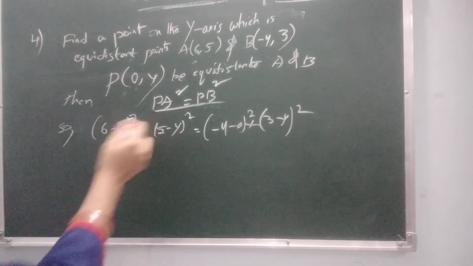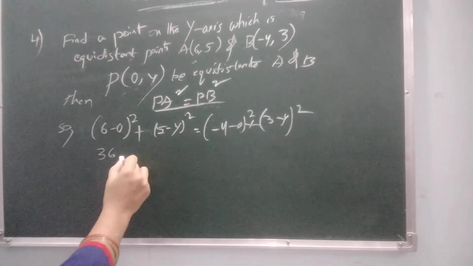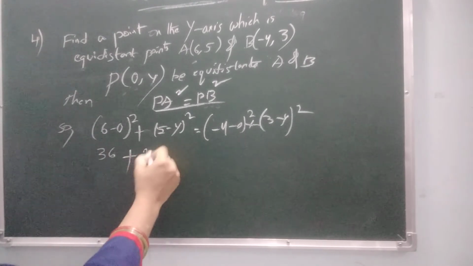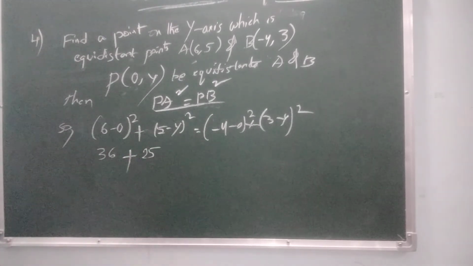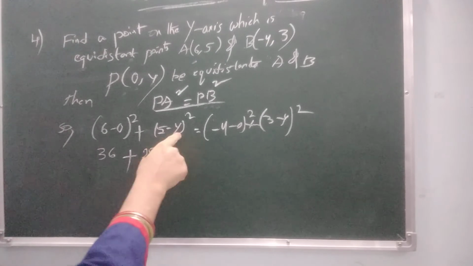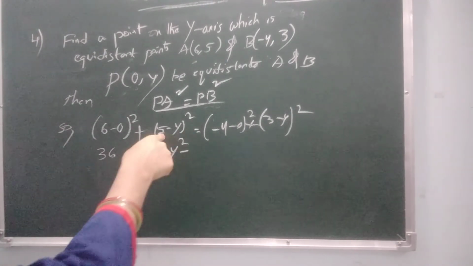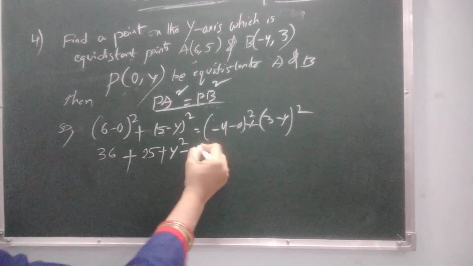That means 36 plus 25, plus the a minus b whole square formula, y square minus 2 into 5 into y, that means minus 10y.